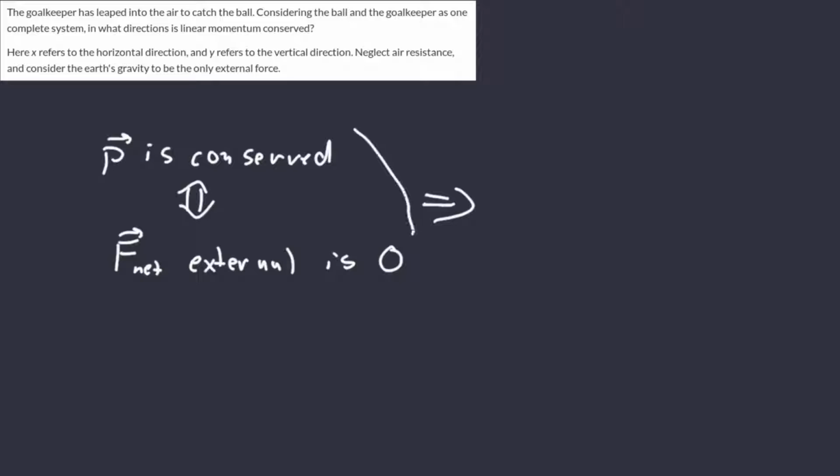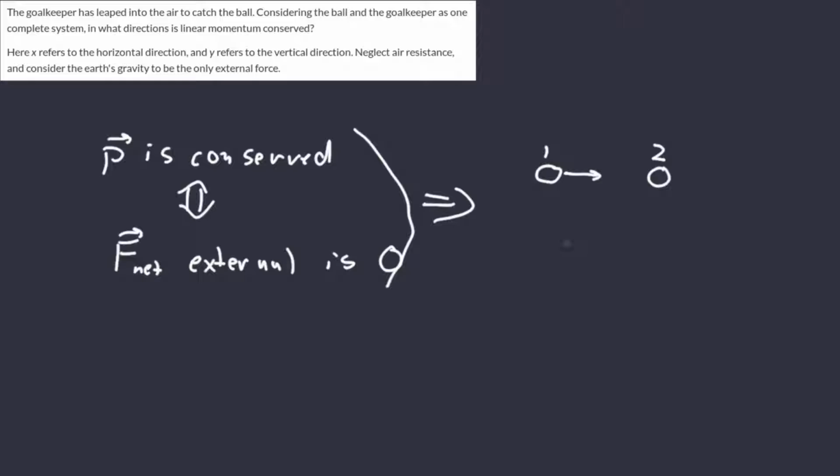So, in our case, we have the soccer ball, and it's moving to collide with our goalkeeper here. Soccer ball is 1, the goalkeeper is 2. In this case, the goalkeeper has already left the ground. The ball has already left the ground, so there are no forces acting in the x direction.